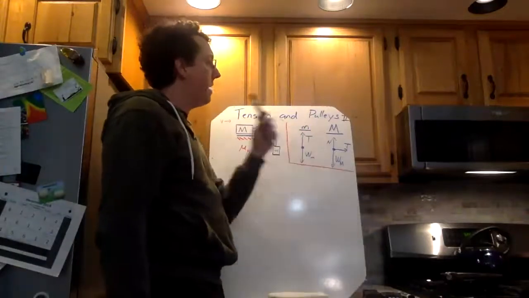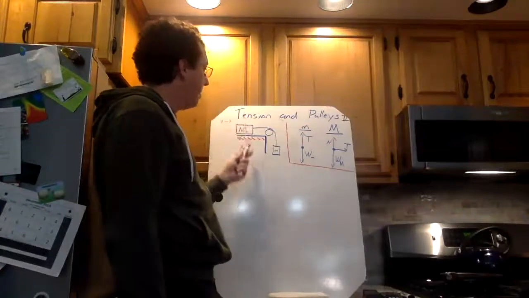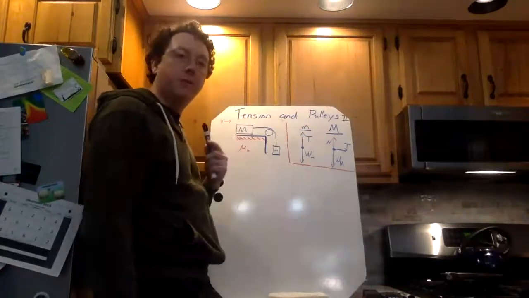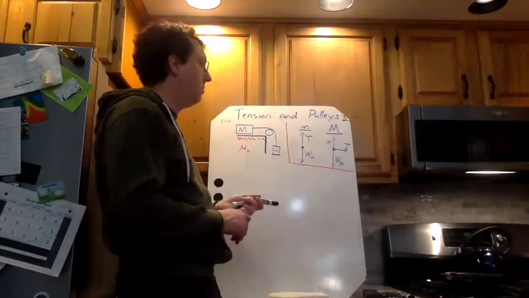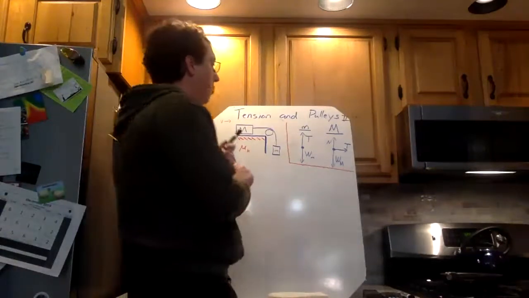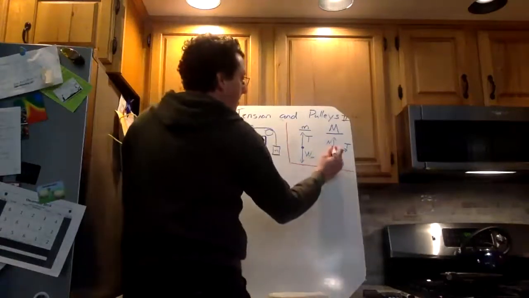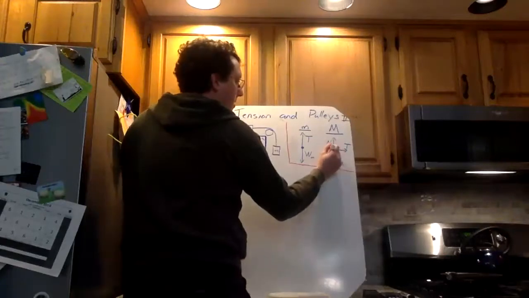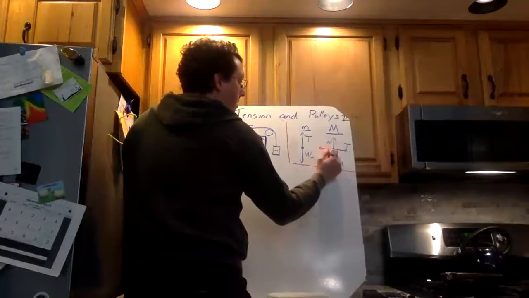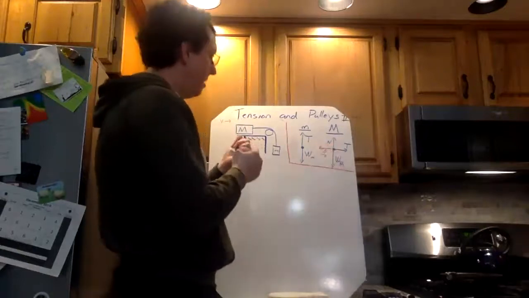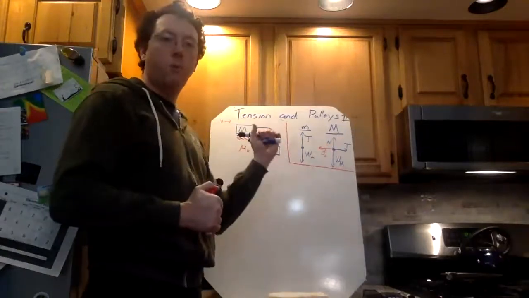For the large mass object, in the vertical direction, friction doesn't do anything. Friction only acts in the horizontal direction. Where friction comes in is along the surface. We now have F sub k, friction force, pulling it backwards.